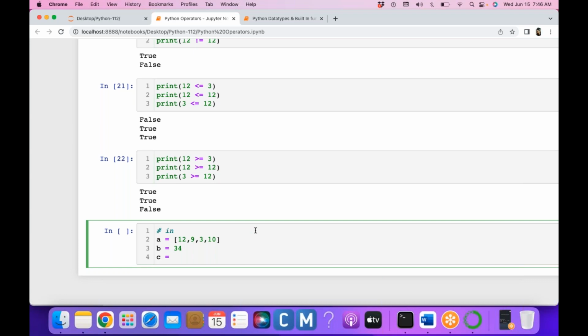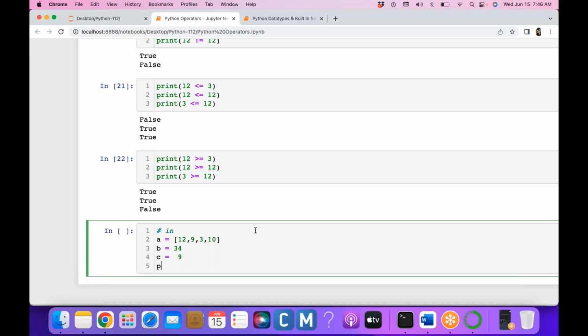If it is not available, then it returns false. Here, B is not available in A. So B in A: if I use B in A, the 34 is not available in the group of elements, so it returns false. If it is available, then it returns true.